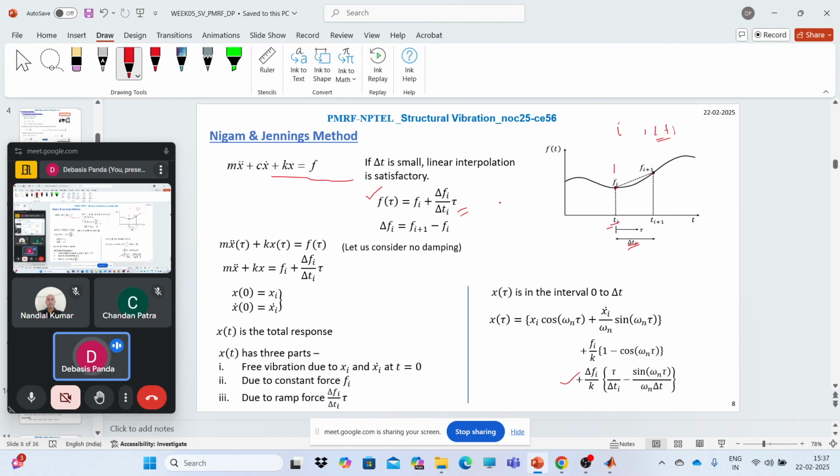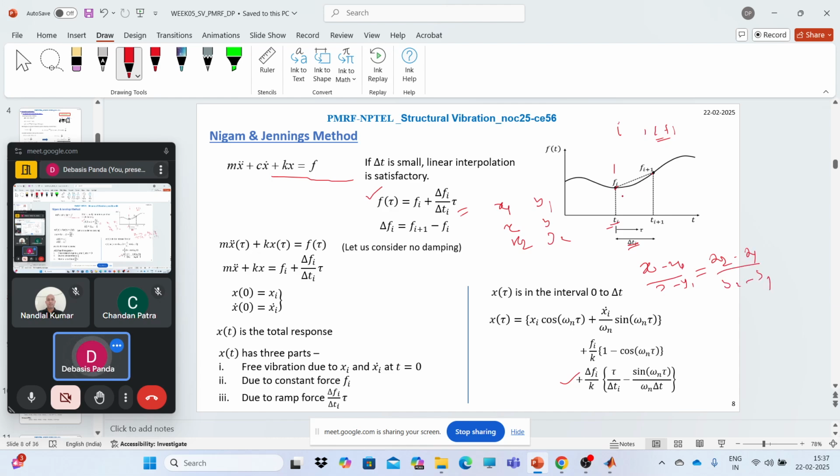If we have x1, x and x2 and corresponding y1, y and y2, and they fall under linear interpolation, then we can write x minus x1 divided by y minus y1 is equal to x2 minus x1 divided by y2 minus y1.